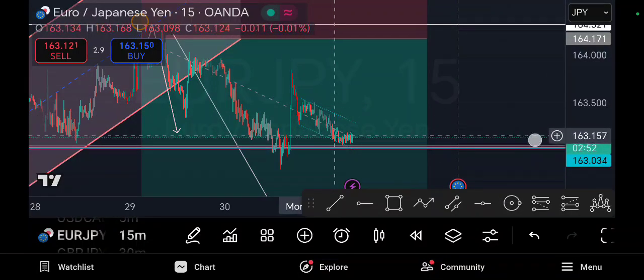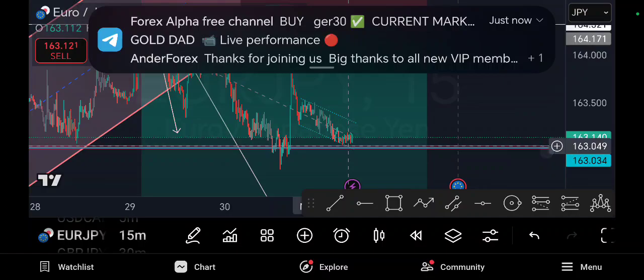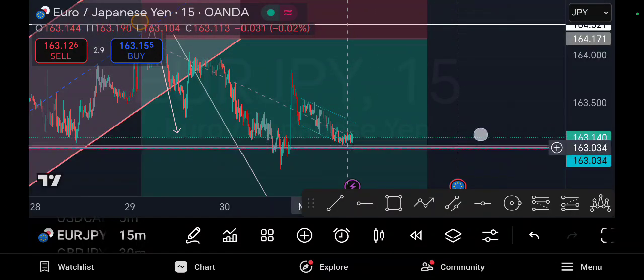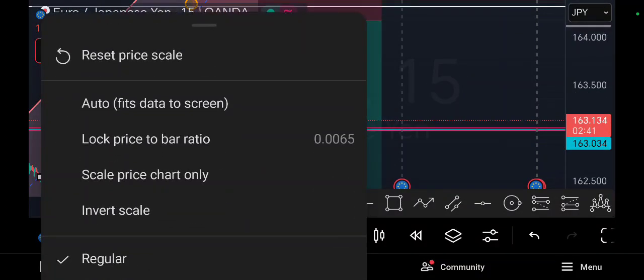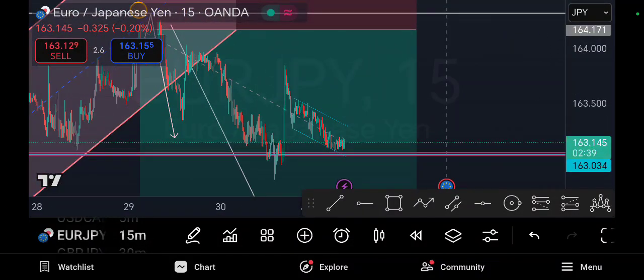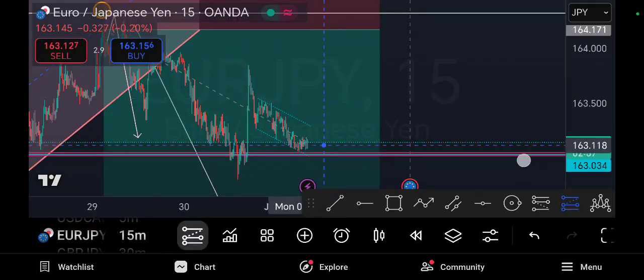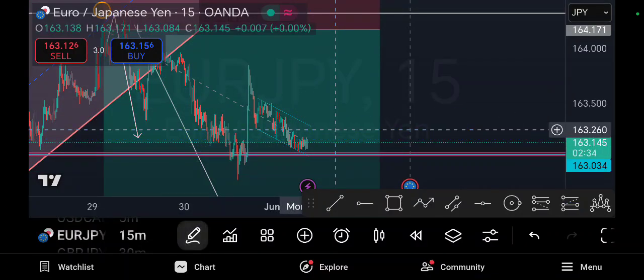Now it's creating a falling wedge on this zone. So what we can be expecting maybe for the short term, we can expect our buys here. Okay, let me do this first.